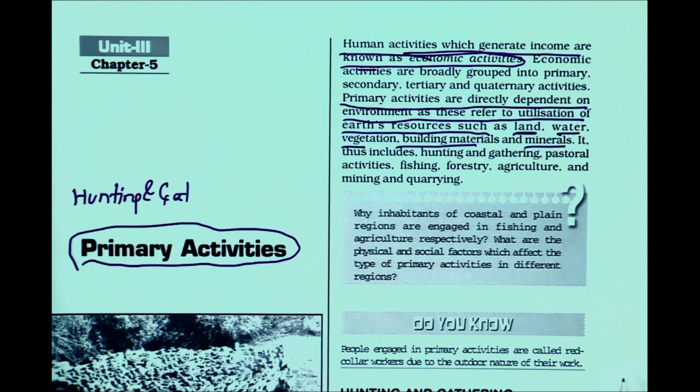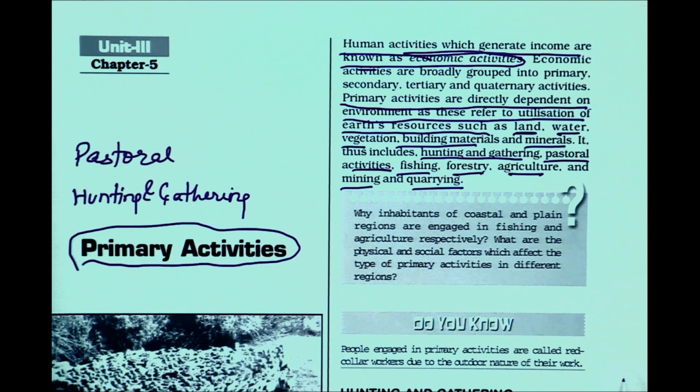Needless to emphasize that hunting and gathering will be practiced by primitive people, written right here. It also includes pastoral activity, which is related to animals, which can be both primitive as well as developed. Similarly, we can have fishing, forestry, agriculture, mining and quarrying. So if I take pastoral or fishing and also agriculture, I actually can take them at variable levels of economic development.